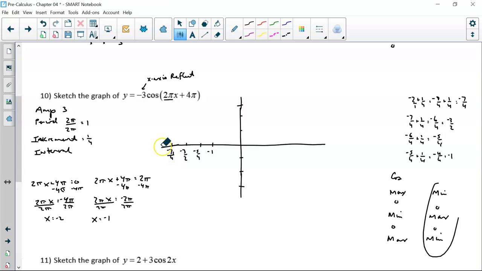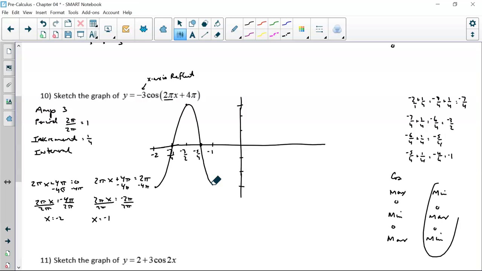Negative 2. So now we start at the minimum, then we're at 0, then we're at the maximum, 0, minimum. So here is one period using that interval, and they're all spaced 1/4 apart. That's what the graph looks like.